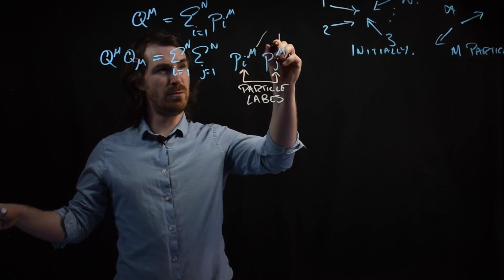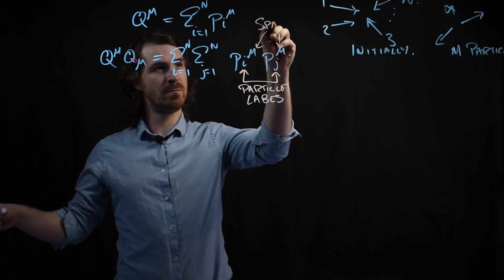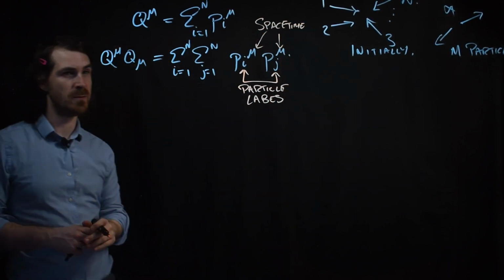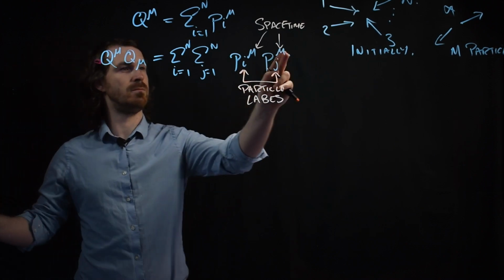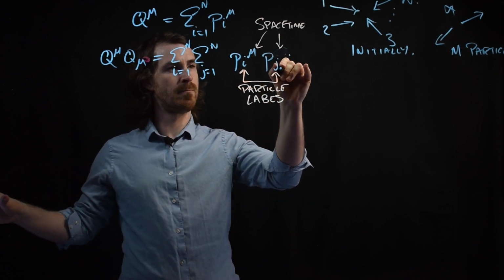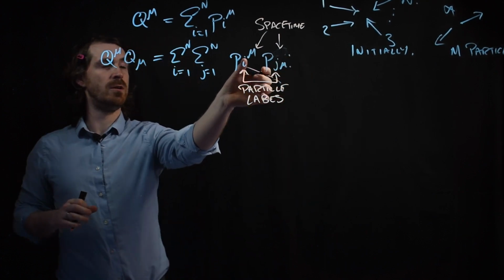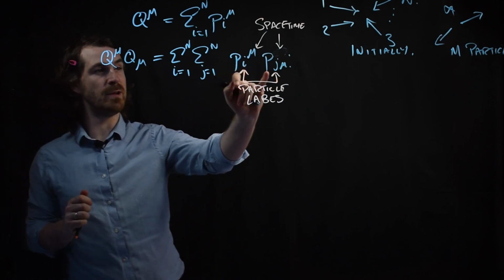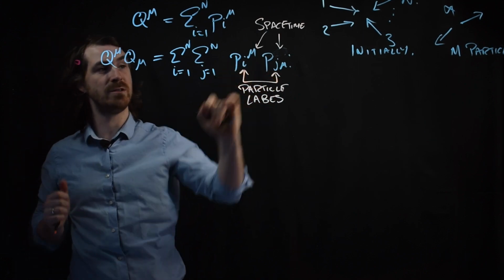And this mu is the space-time index. So there's an inner product with p mu and p mu, but they're p's of different particles. It's the four momenta of different particles, the ith particle and the jth particle.